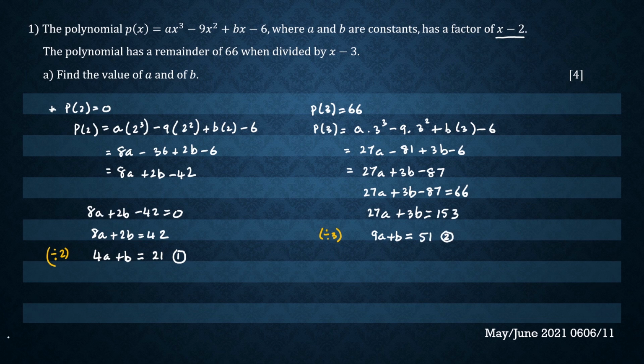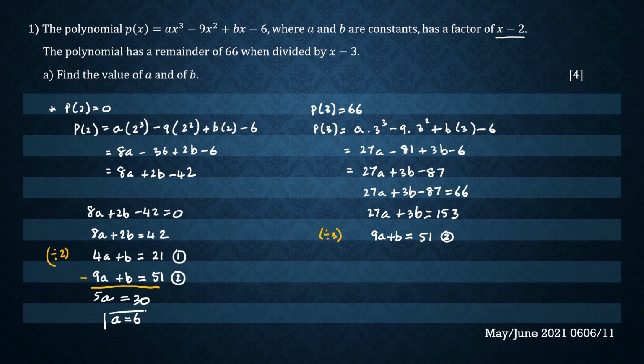Let's save some space and write down our second equation here. We have 9a plus b equals 51. That's equation 2. So let's subtract these equations. 9a minus 4a is 5a. b minus b is 0. And 51 minus 21 is 30. So in this case, a equals 6.